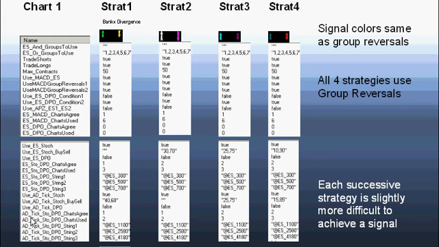This section permits us to use a combination of stochastics and overbought and oversold zones on those stochastics. In this case, for example, we're running one section that has 3 different tick intervals, 300, 500, and 700.